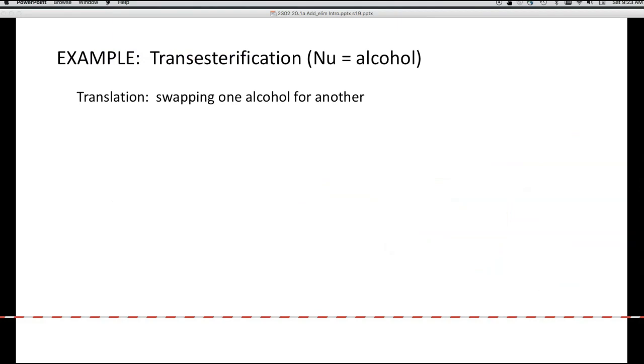Alright, so the example that Carty starts off with is transesterification. And this is just the name for the reaction when you're starting with an ester and swapping out one alcohol for another. So, here's our example. Here's our starting ester, whatever it happens to be. We'll call it ester 1.